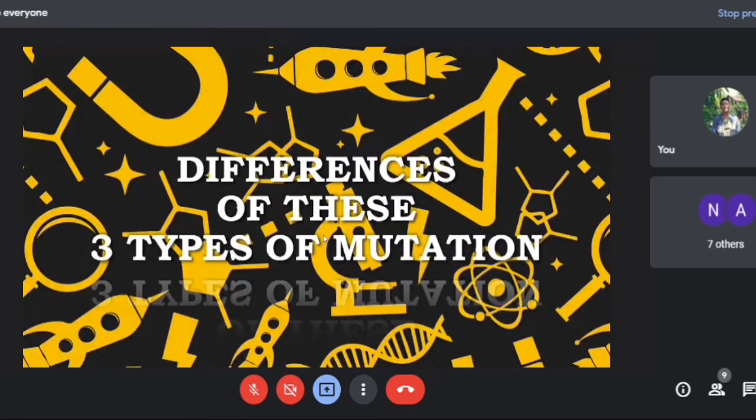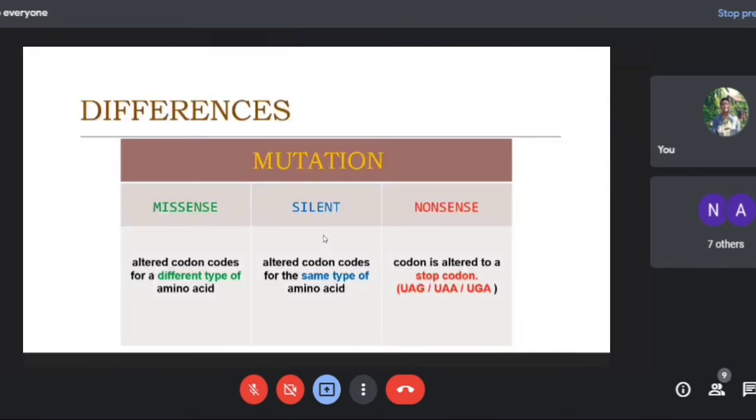Okay, thank you, Navina. So, I am Muhammad Arif bin Azlan, and I am going to present the differences between missense, nonsense, and silent mutation. As has been stated by my peers before, there are three types of genetic mutation when it comes to base substitution.